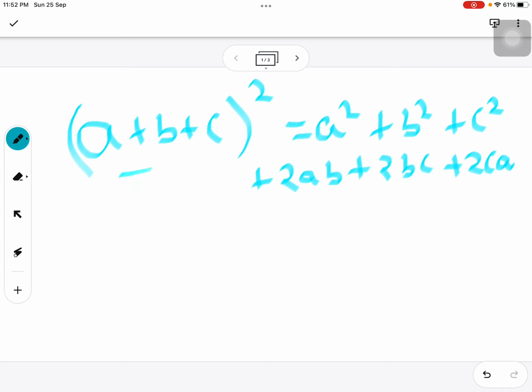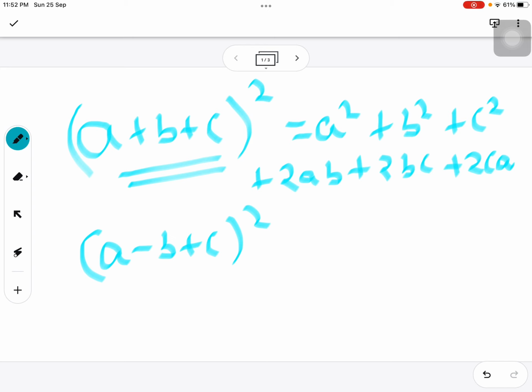You will never be given a plus b plus c whole square directly in the exam. You will be given some variations like a minus b plus c whole square. There are multiple variations to this formula and you cannot remember a formula for each. So you have to remember the base formula and then make adjustments as per the problem.